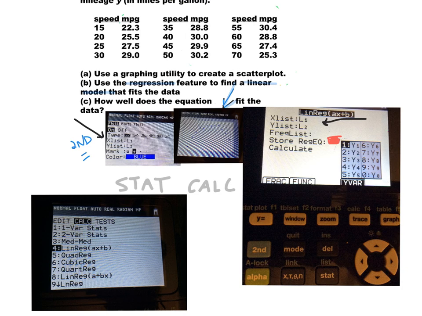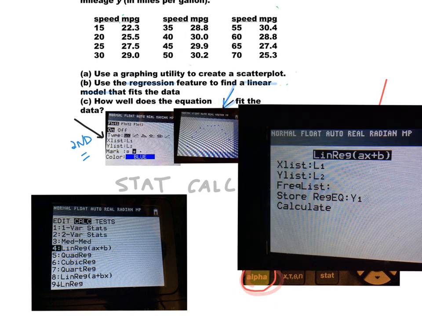You want to press alpha and then trace, and then this menu should pop up, and since Y1 is highlighted, press enter. Now you should have Y1 next to store regression equation, and now you want to go down to where it says calculate and press enter.